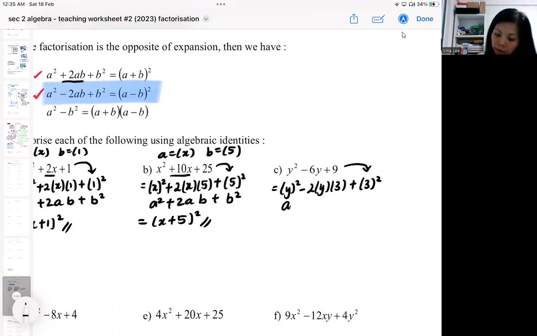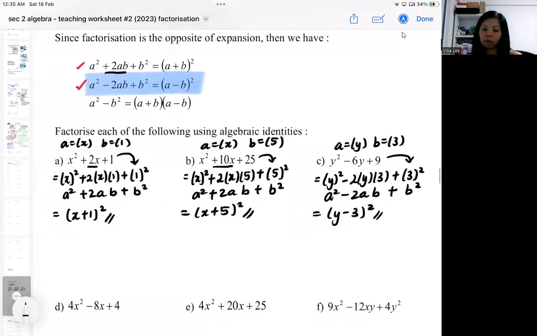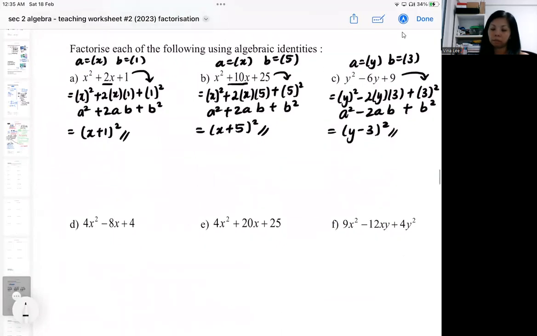Then again, you observe a squared minus 2ab plus b squared. So your a is y, your b is 3, so you will get y minus 3 squared. It's the second formula. Can you do a cross factorization or a multiplication frame? You can, but I strongly advise that you do it mentally.